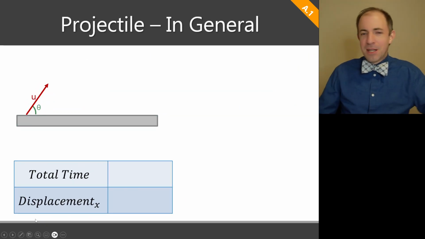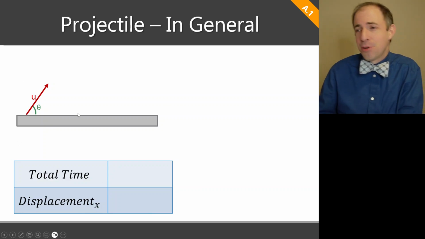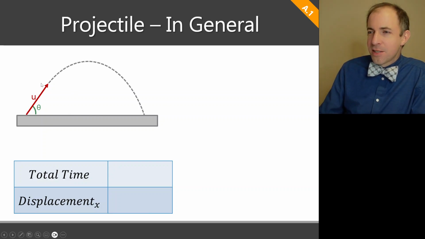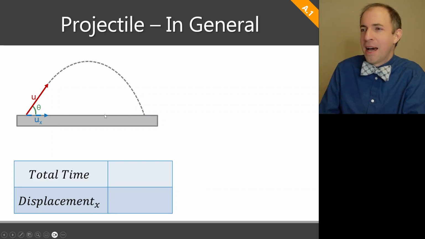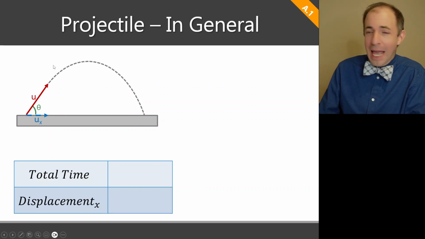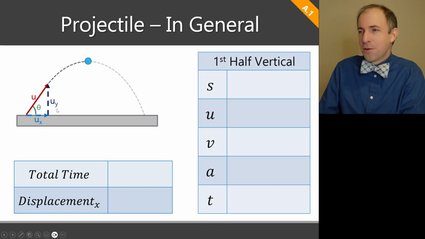So in general, here are a couple things that we know about a horizontal or an angled projectile here. We know that it starts with some velocity u that's at an angle and it traces its parabolic path. Well, that angled u can be split up into a ux and a uy, a horizontal and a vertical component.